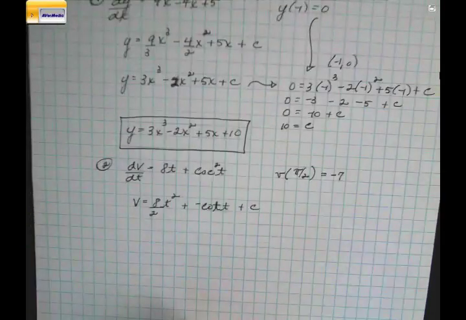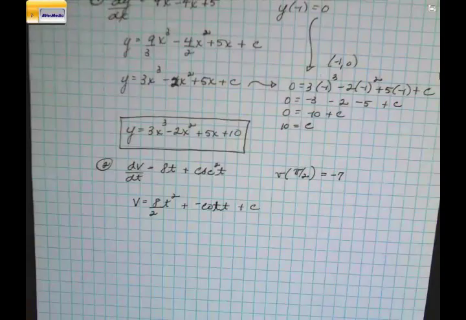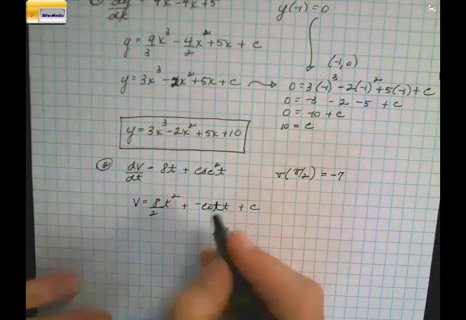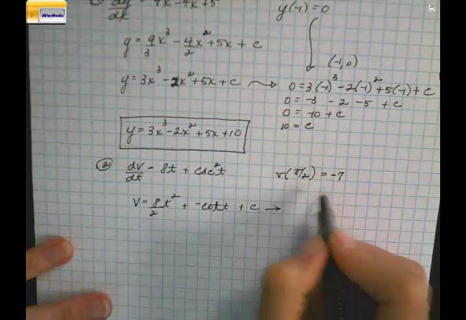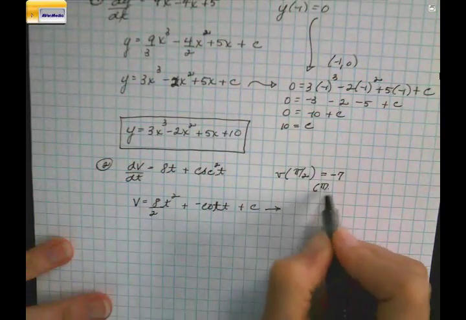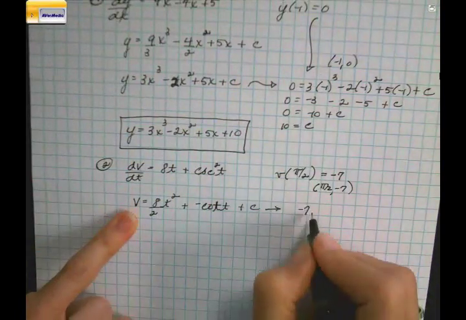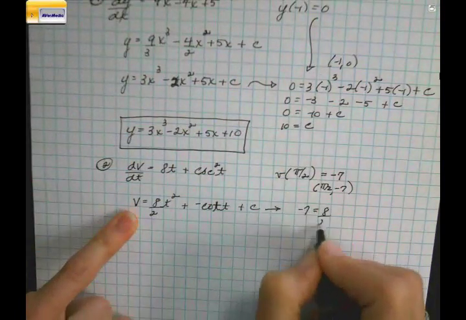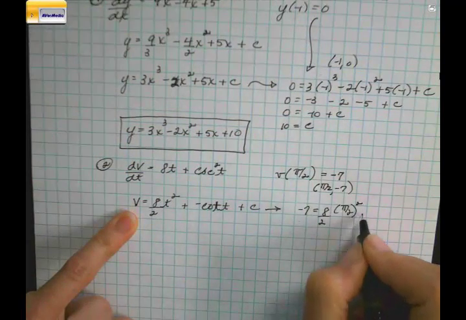My cotans look funny. I'm trying so hard to write this. I think the s's just need to be a little bit sharper. Okay. So now we have this initial value, which is the ordered pair pi halves, negative 7. So replace the v with the negative 7 and replace the t's with pi halves.